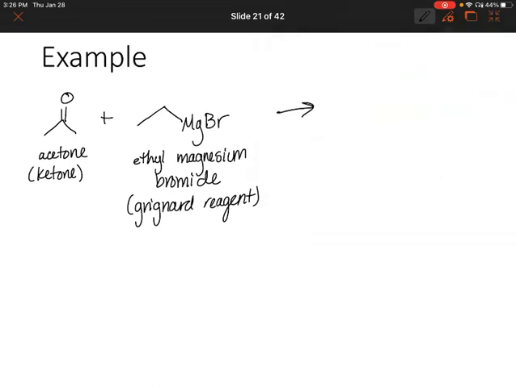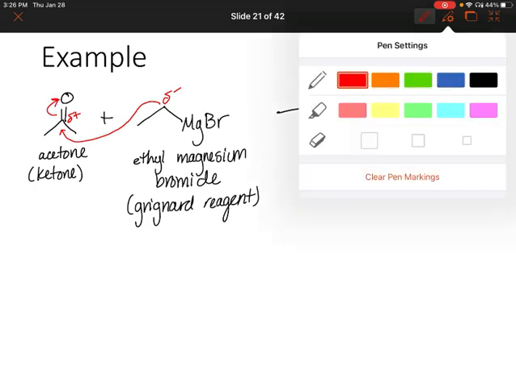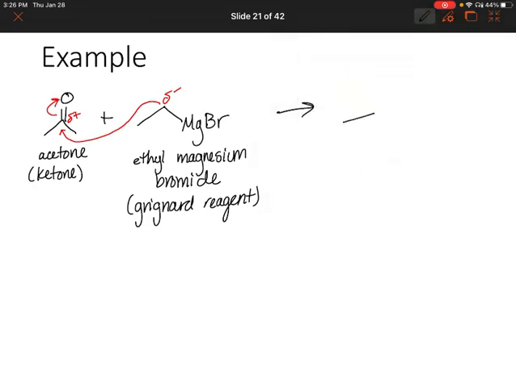All right, so let's see what would happen here. We've got our partial negative carbon, and our partial positive carbon is on the ketone. The partial negative carbon is going to attack that partial positive carbon, and then electrons will move up to oxygen. We have two methyl groups that were originally bonded to the carbon that's bonded to oxygen, and now we're adding in an ethyl group.